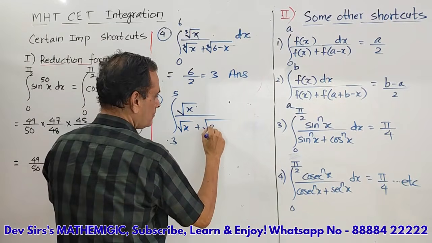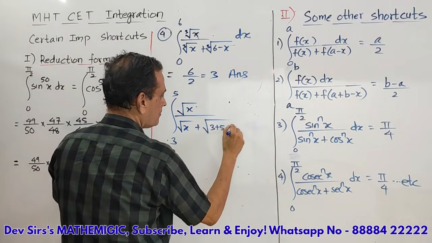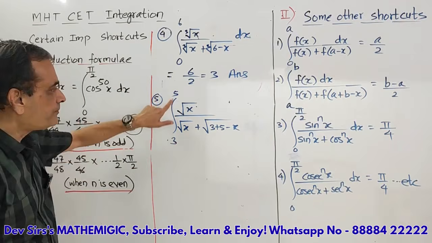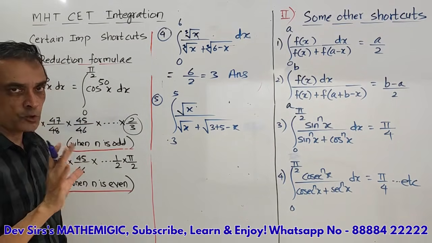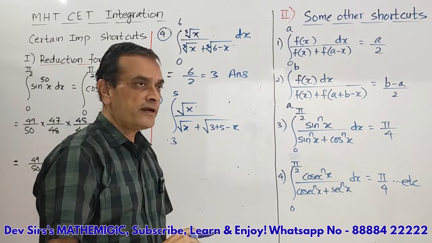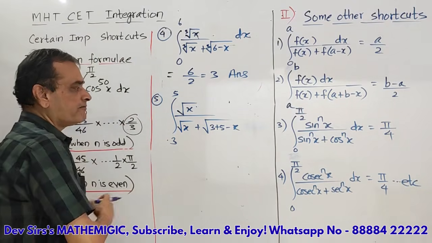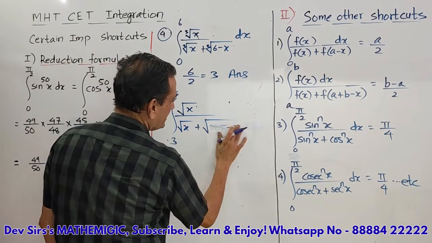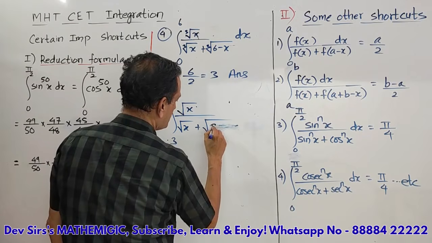But you should be able to understand and read the sum correctly. So they won't give 3 plus 5 minus x, they will directly give 8 minus x.